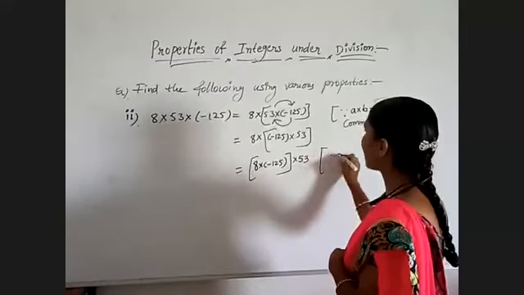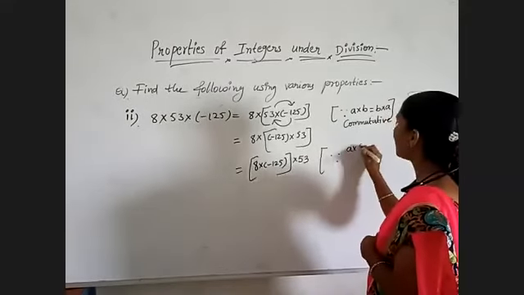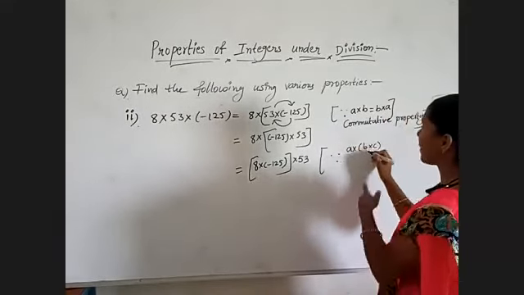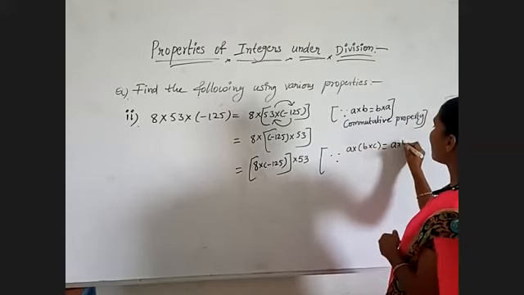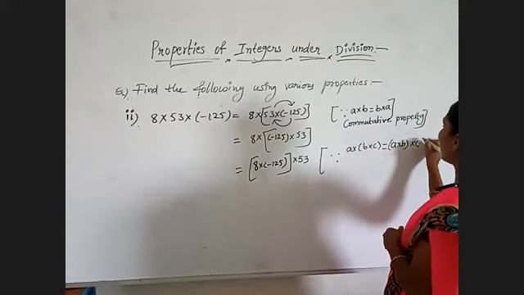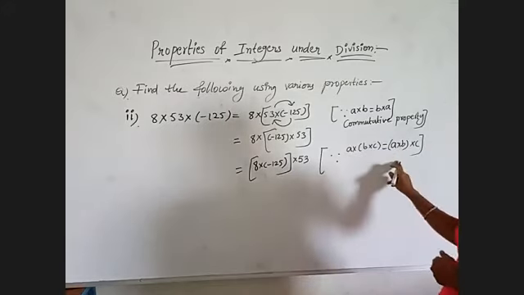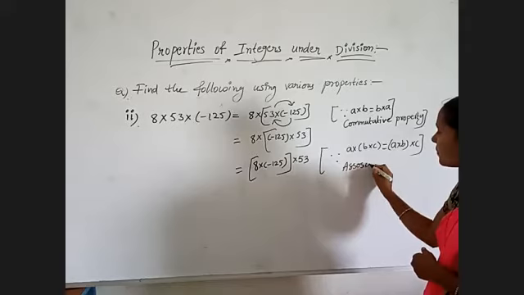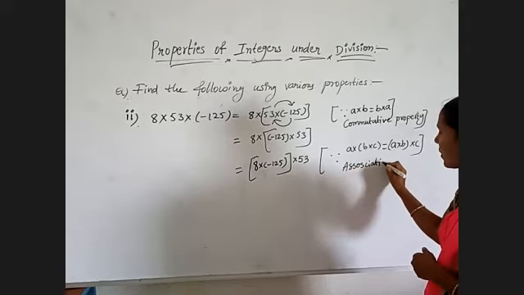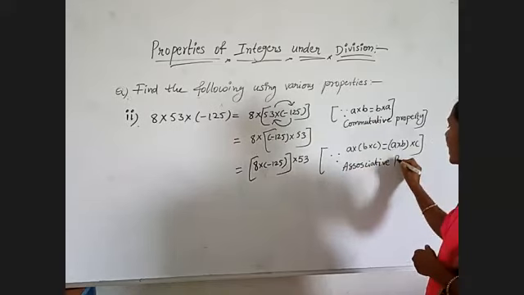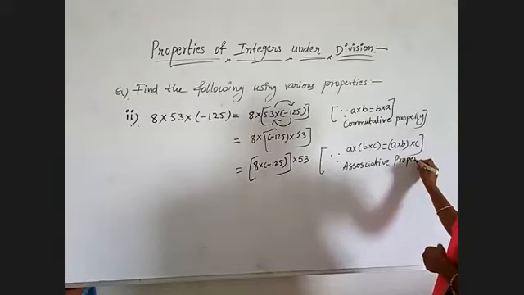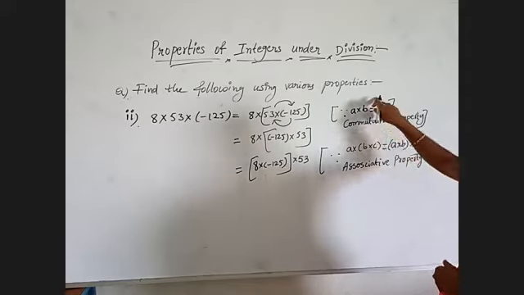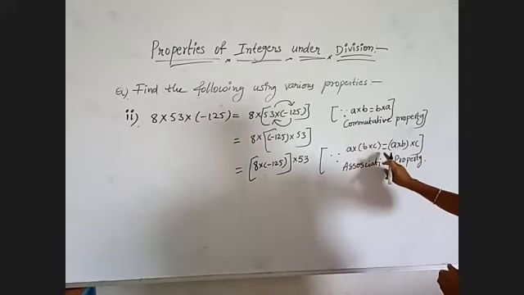So here we have changed in this way. A into, actually B and C are having the bracket, but I am changed to A and B. So here we have changed three numbers. That's why it is associative property. Associative property. When we are disturbing only two numbers, that is commutative property. When we are disturbing three numbers, that is comes under associative.